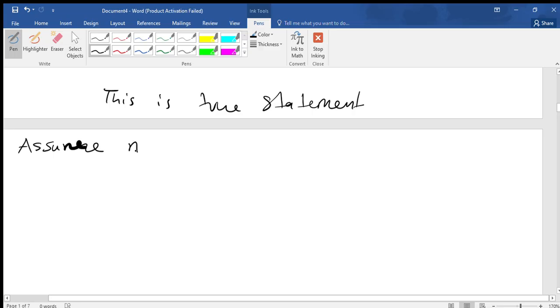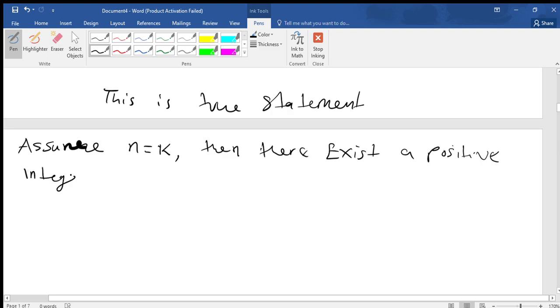Assume n equals k. Then there exists a positive integer m such that, now this time around the assumption is n equal to k.